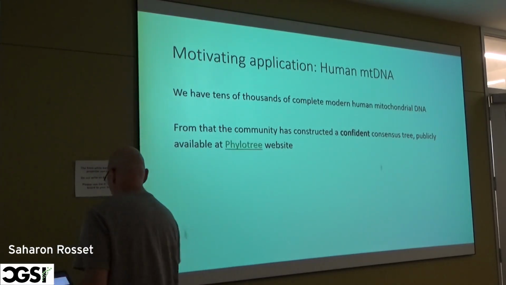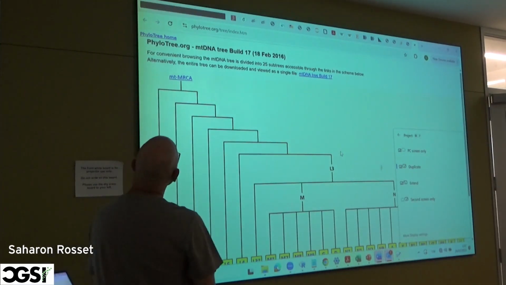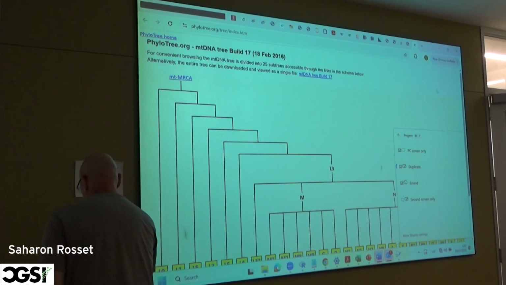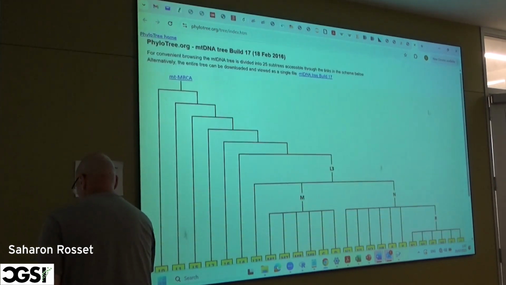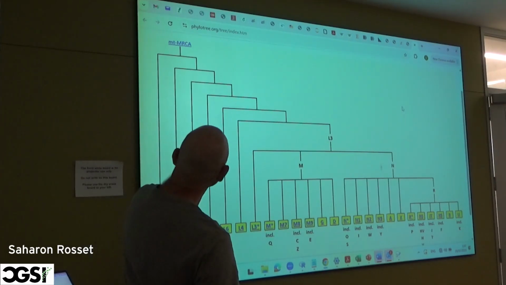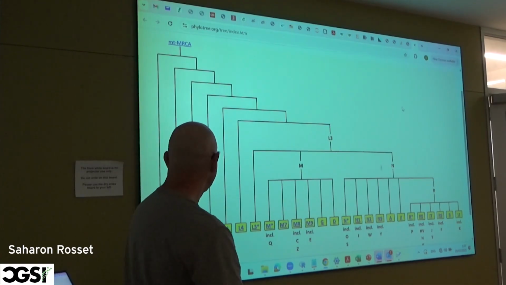And I don't know how many people here know it, so I wanted to show it and talk about the tree a little bit. So this is the PhyloTree website, and what we have here is a presentation of the human mitochondrial DNA tree with mitochondrial Eve up there at the root of the tree.